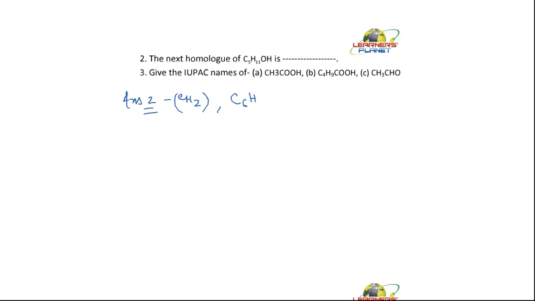It should be C6H13OH. Right? So this is the next homologue. What would be the next homologue of this molecule? It should be C7H how much? 15 and OH. Likewise, we find out the homologues.